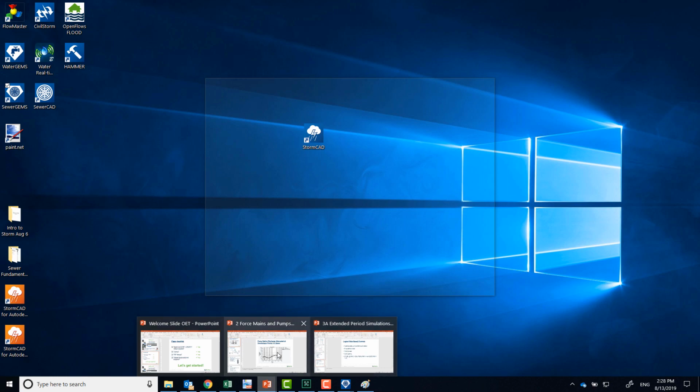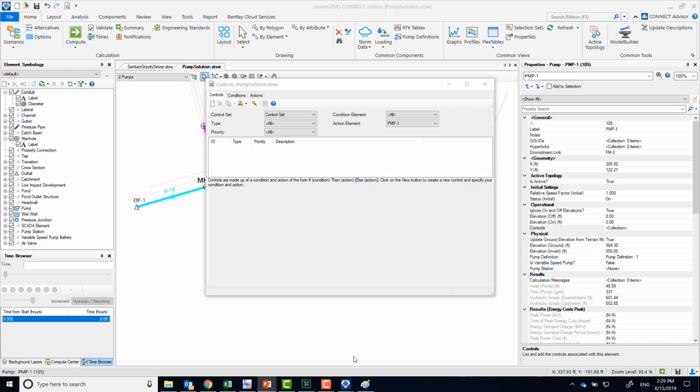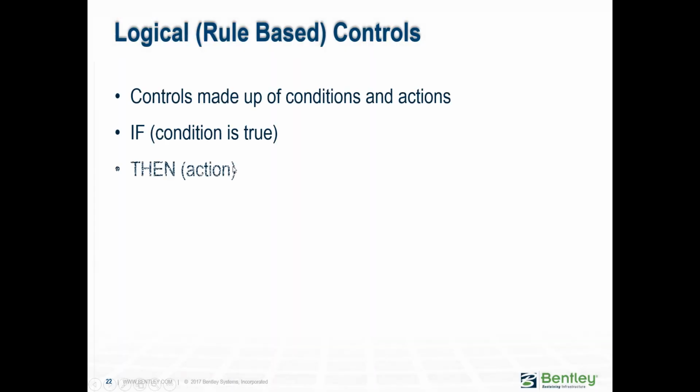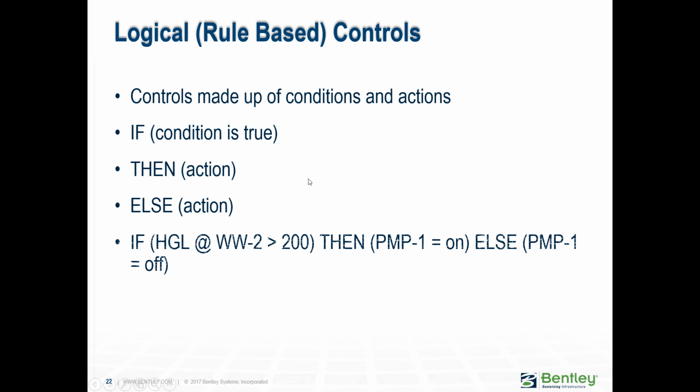And again, this is a really rare occurrence, but we cover it anyway. So if you're using those controls, it basically sounds like this: if this happens, then do that, or else do this other thing, right? So you create the actions, you create the conditions, and then you combine them.